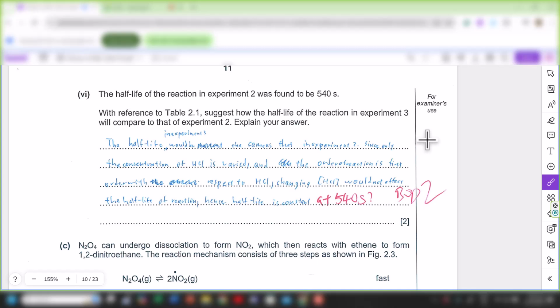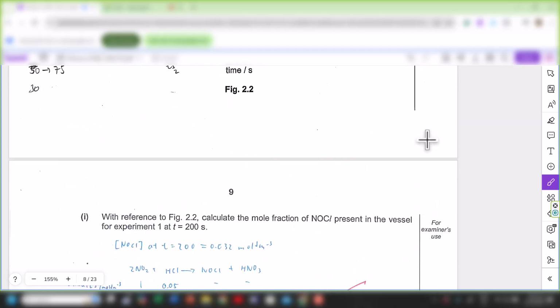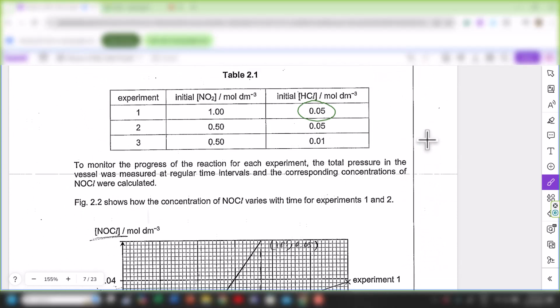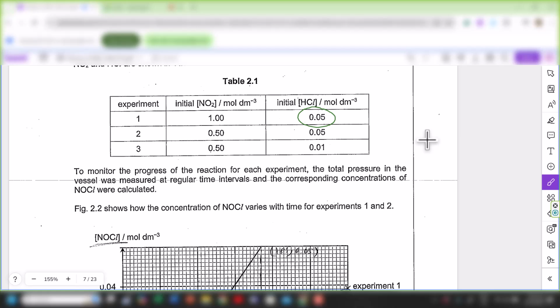Now, if I scroll back again, you notice that for experiment 3, the initial concentration of NO2 remains the same. So it's in excess. Initial concentration of HCl reduces from 0.05 to 0.01.